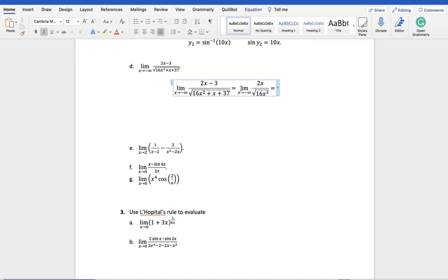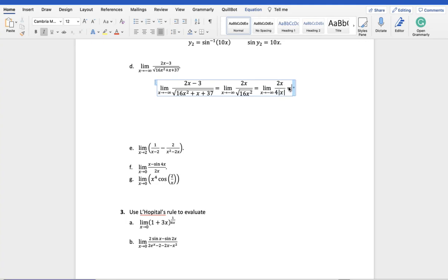But you have to pay attention to the fact that x is tending to negative infinity. So for the square root, you'll just have 4, because 4 is a constant, multiplied by the absolute value of x.